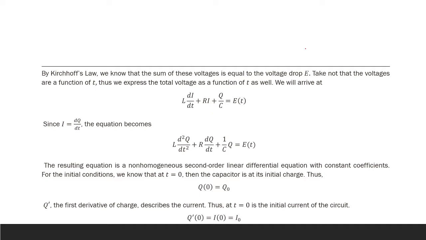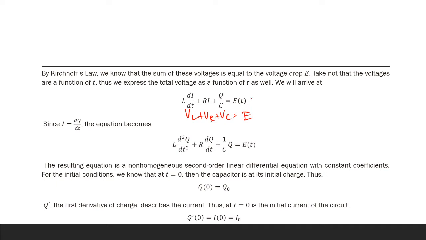So, taking that into consideration, nag-Kirchhoff's tayo, nag-loop tayo dun, we will arrive at this equation, VL plus VR plus VC is equal to your electromotive force. So, substituting natin yung mga value ng VL, VR, at VC, we'll arrive at L di over dt plus Ri plus Q over C is equal to E or E of t.